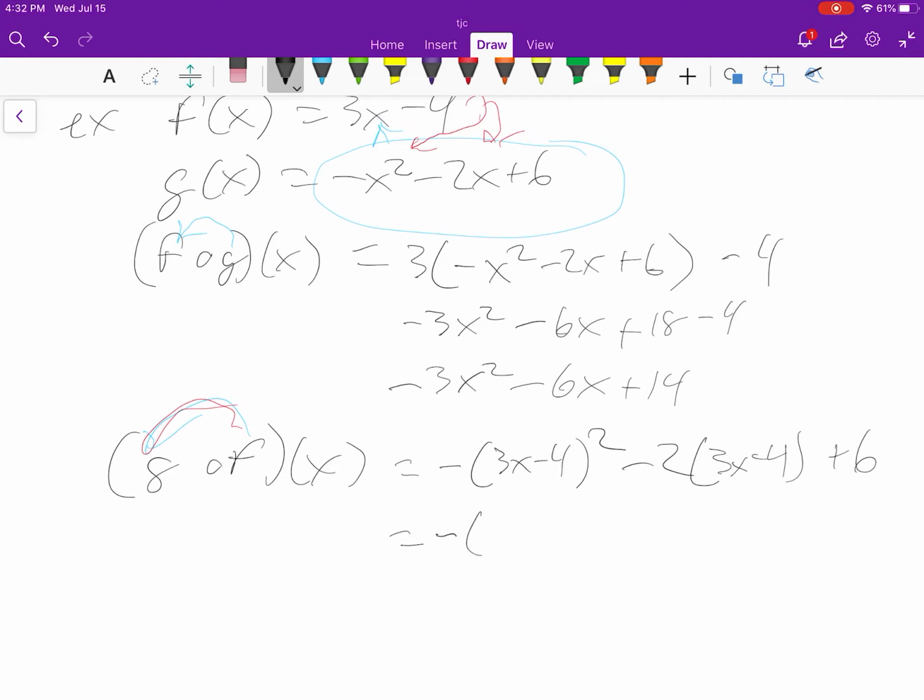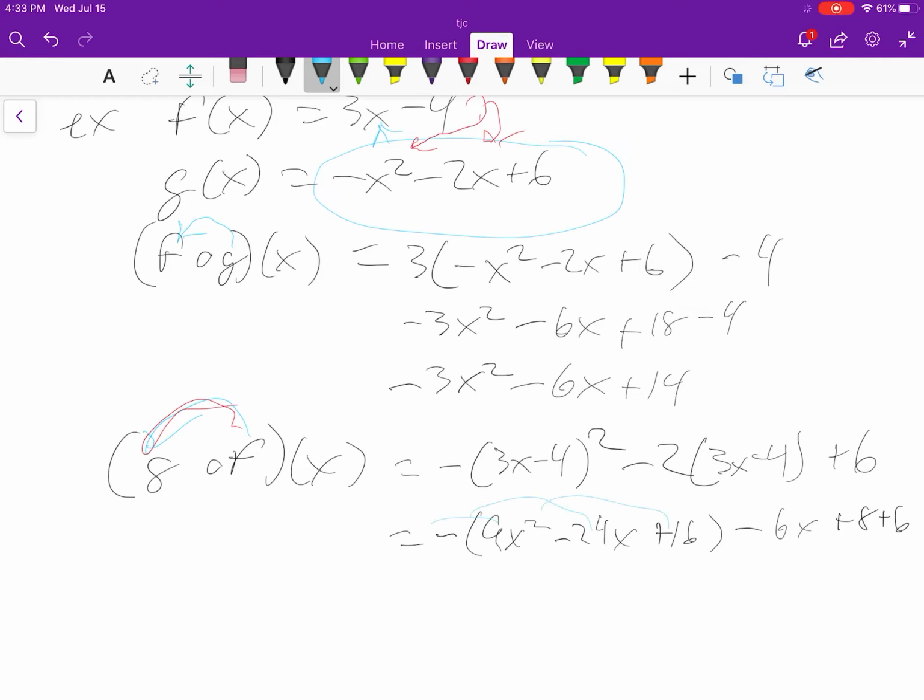Now if you're to FOIL this out, you get negative, this would be 9x squared minus 24x plus 16, minus 6x plus 8 plus 6.